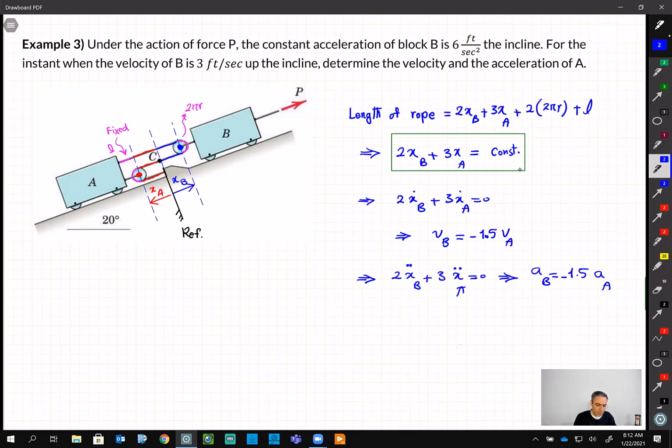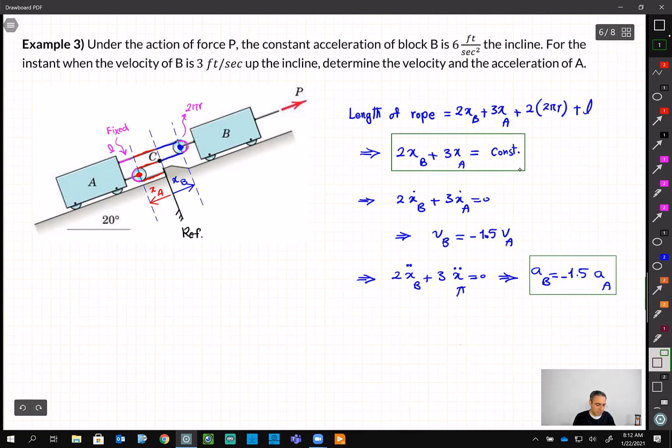So if you're wondering why this negative sign, look at the reference that we picked, right? They are in opposite direction. So it just shows us that everything is correct. When B goes up, still A goes up. But the way that we show it is just this opposite direction, which is okay.